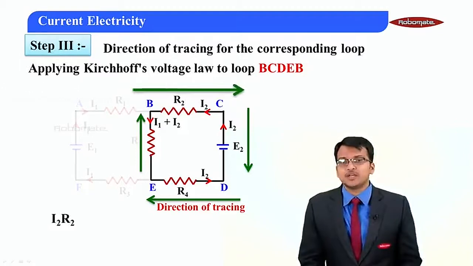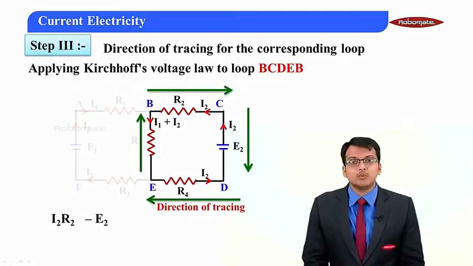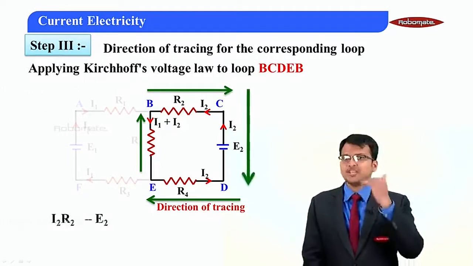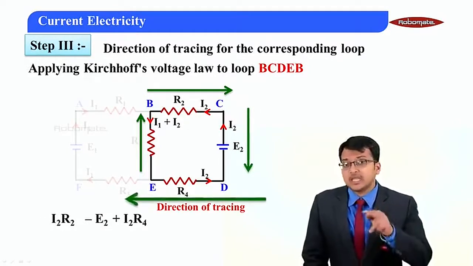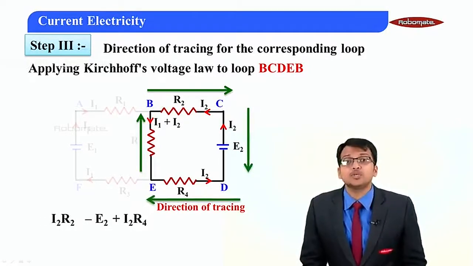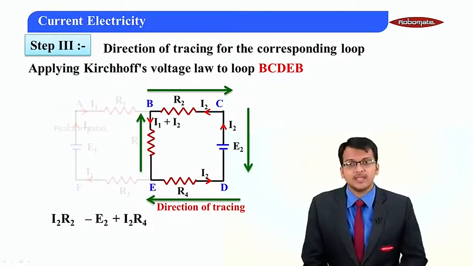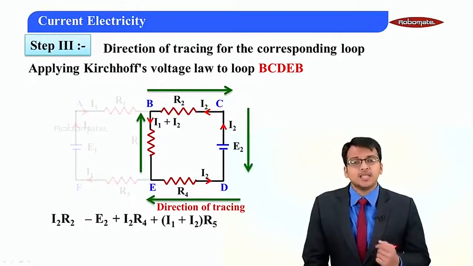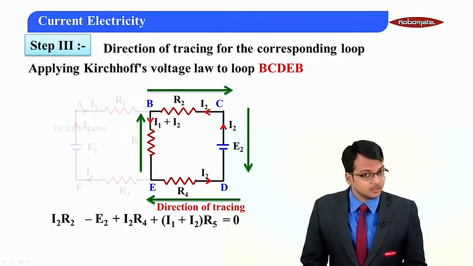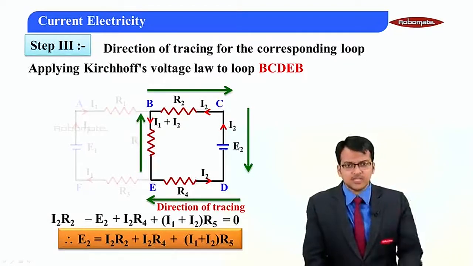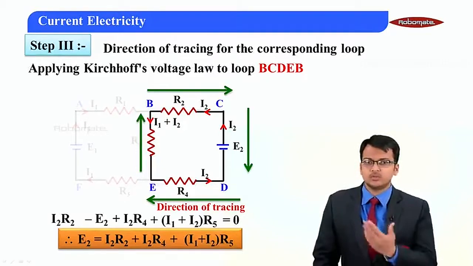Opposite to the direction of current, hence it will be plus. Branch CD? From positive to negative, so it will be minus. Branch DE, again opposite to the current, so positive. And in branch EB, again it is opposite, hence the product is positive. That has to be equal to 0. Again you re-simplify the equation, and I'll get E2 equal to this.